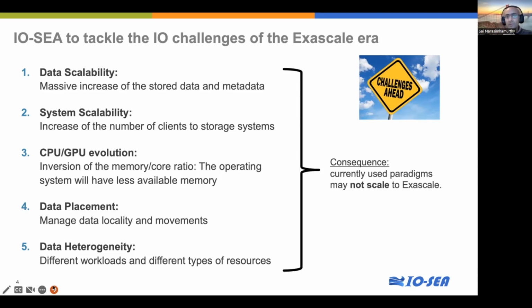The assumptions of core counts, of what kind of interconnects you had, and of what kind of storage technologies you had were very different, especially when you look back at the history of file systems like Lustre. So these things have changed dramatically, and hence there is a need to build these new kinds of storage systems, and IO-SEA embarks on that kind of a challenge.